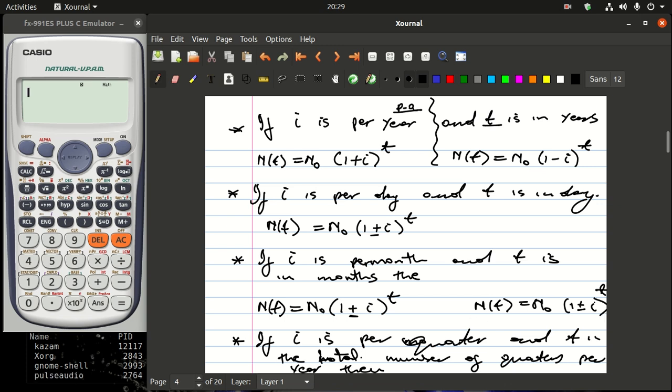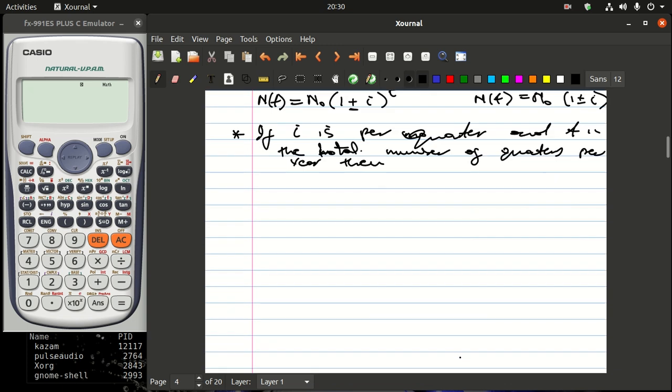So we'll end up having the same equation as when I is per day and t is the number of quarters. We use the same equation as that.